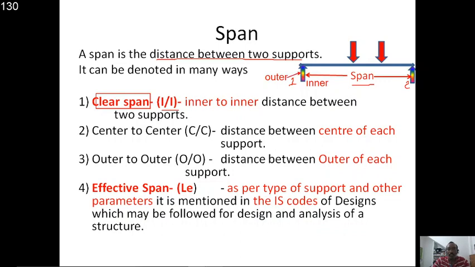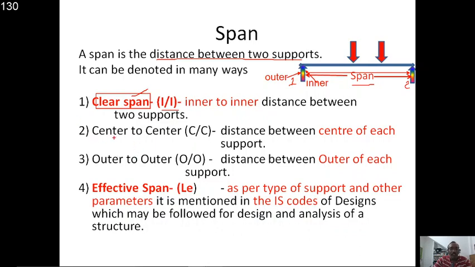If I say inner to inner, it means from this point to this point, and the span is known as the inner span or clear span. So this term is generally known as clear span, right?